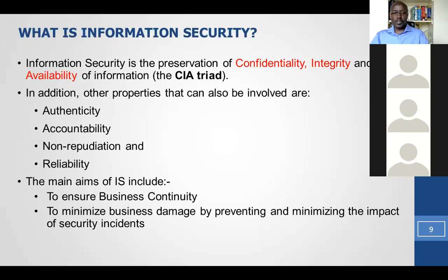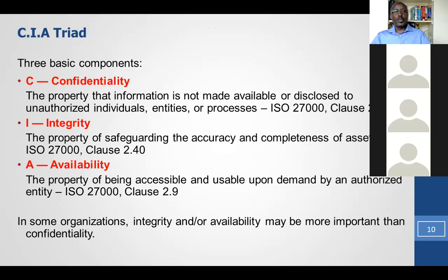As we are managing information security, the main thing that you want is to ensure that your business continues and is not disrupted by information security related incidents. You also want to minimize business damage by preventing and minimizing the impact of security incidents. Security incidents will always be there. It is normally said that nobody can say that they cannot be hacked. So every now and then you always have to deal with information security incidents, and you need to be able to manage those incidents as they occur.